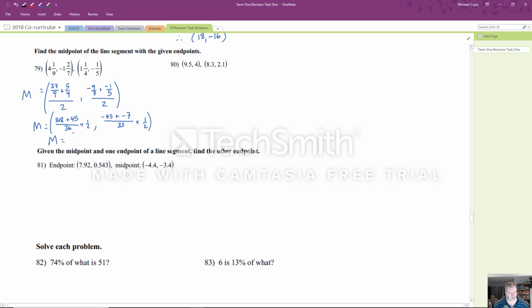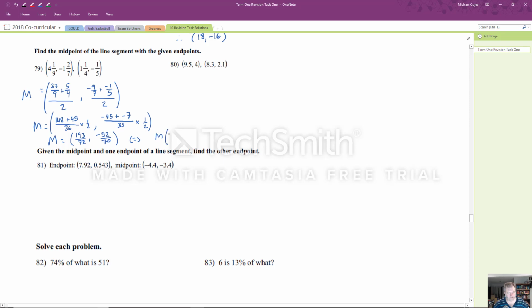M is going to equal 148 plus 45, 193, divided by 2 times 36 is 72. And negative 45 minus another 7, negative 52 over 70. Well, there's a little bit of simplifying we can do there.